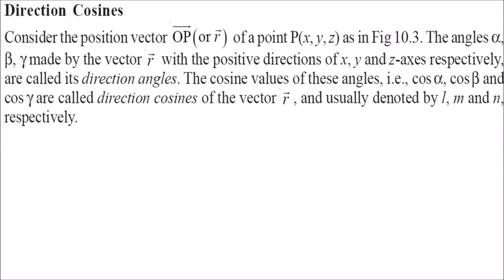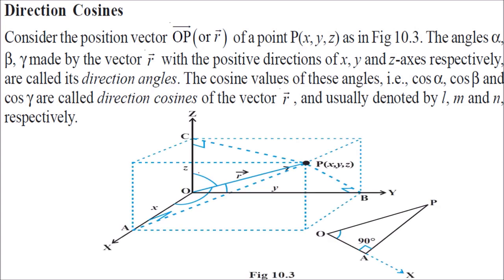Now we come to the direction cosines. What are the direction cosines? Just consider the position vector OP, or you can say in short, r. This is your position vector, and this point is x, y, z.